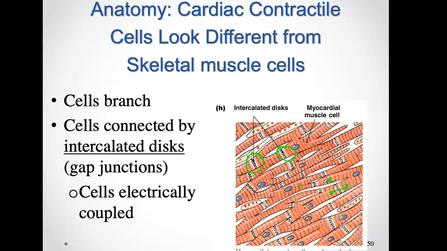We say those cells are electrically coupled. You want that because in the heart you need this radiating action potential that's going to result in a contraction, and it needs to be very coordinated. That coordination comes from the fact that these cells can communicate with action potentials directly and depolarize.